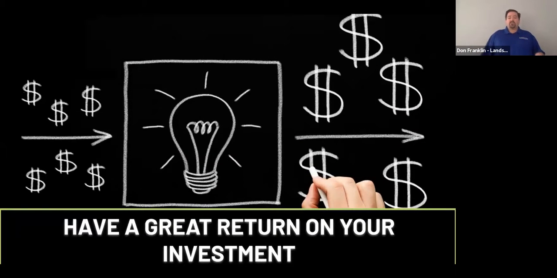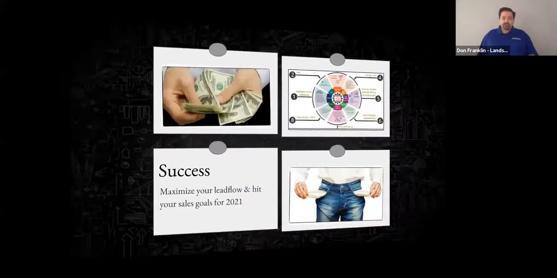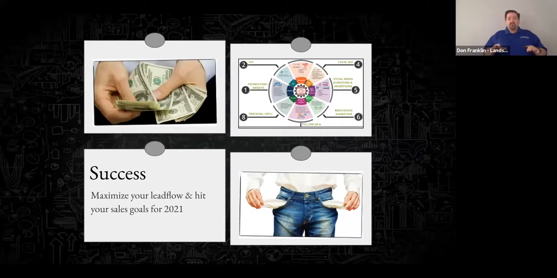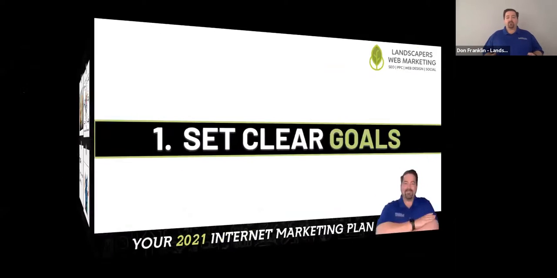The great return on your investment is what our ultimate goal is, right? If you don't have an ROI, then why do it? So success looks like your lead flow is being maximized. You're getting as much possible lead flow as you can, and you're going to hit your sales goals for 2021. That's what success is going to look like.